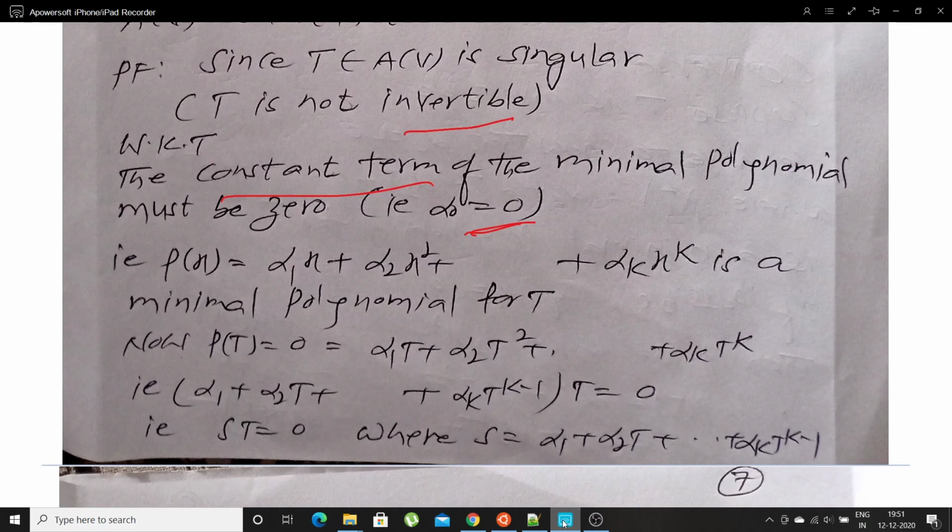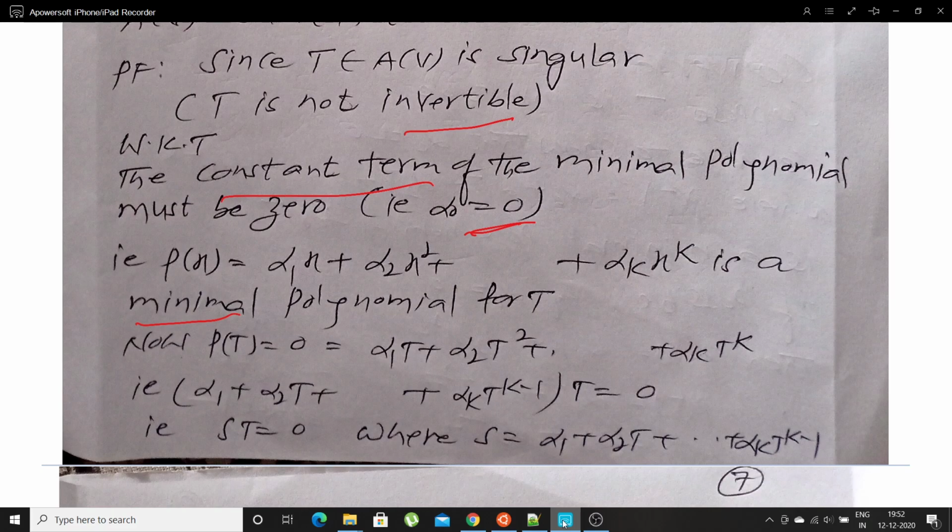Let me write the polynomial. Let p(x) be a minimal polynomial. This is not an ordinary polynomial. This is a minimal polynomial. That means it satisfies the given condition. What is the given condition? p(t) equal to 0. There does not exist another polynomial q(x) in F[x] such that the degree of q(x) is less than the degree of p(x).